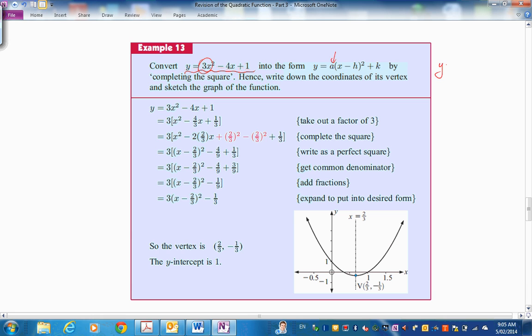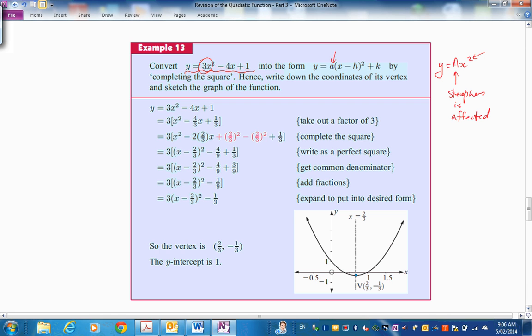Remember, when you have the transformation of a dilation or a stretch in the y direction with a number there, it changes the steepness. The steepness is affected because all the values after squaring have been multiplied by a.